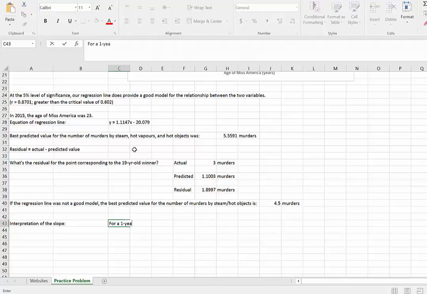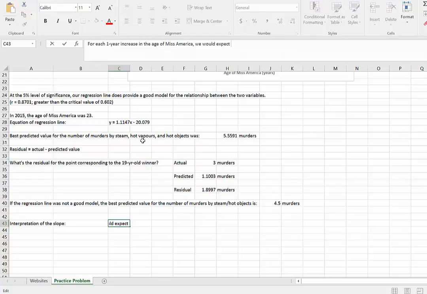For this problem, X is measured in years, so for each 1 year increase in the age of Miss America, we would expect, and now you have to just look at whether your slope is positive or negative. My slope is positive, so when X gets bigger, Y gets bigger. If your slope happens to be negative, when your X gets bigger, your Y gets smaller.